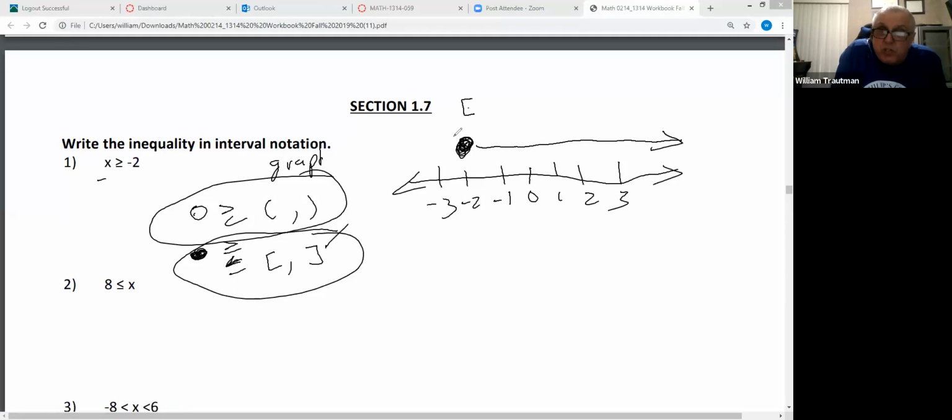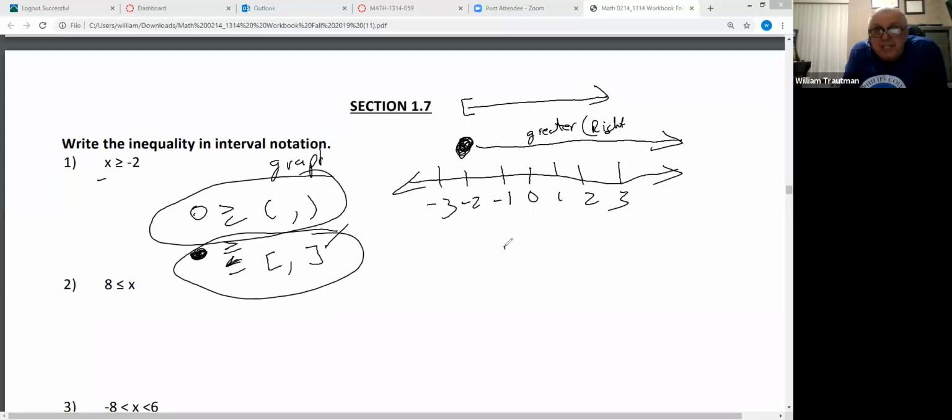So you can use the bracket or the filled in circle. They both mean the same thing. They mean equal to. The greater is the arrow pointing to the right. That's greater. When you go to the right, that's greater.